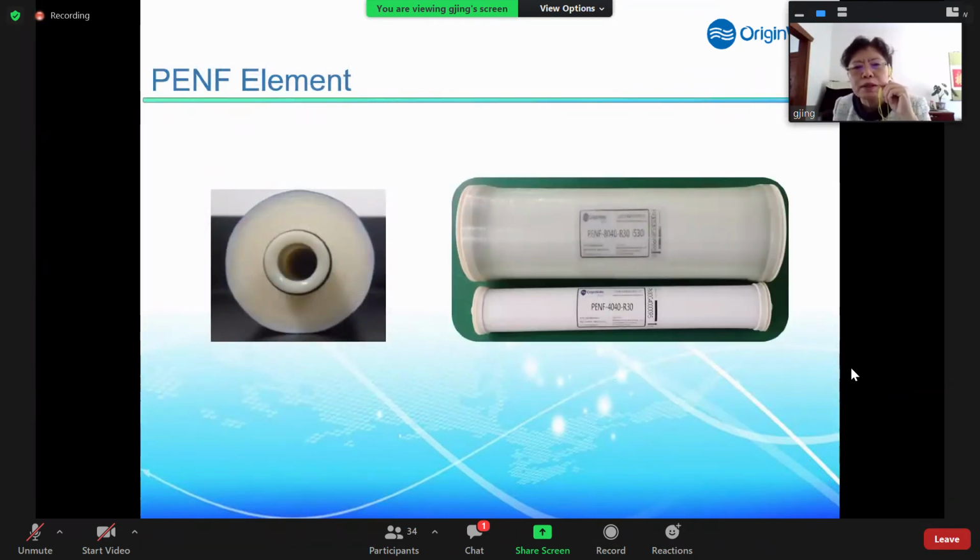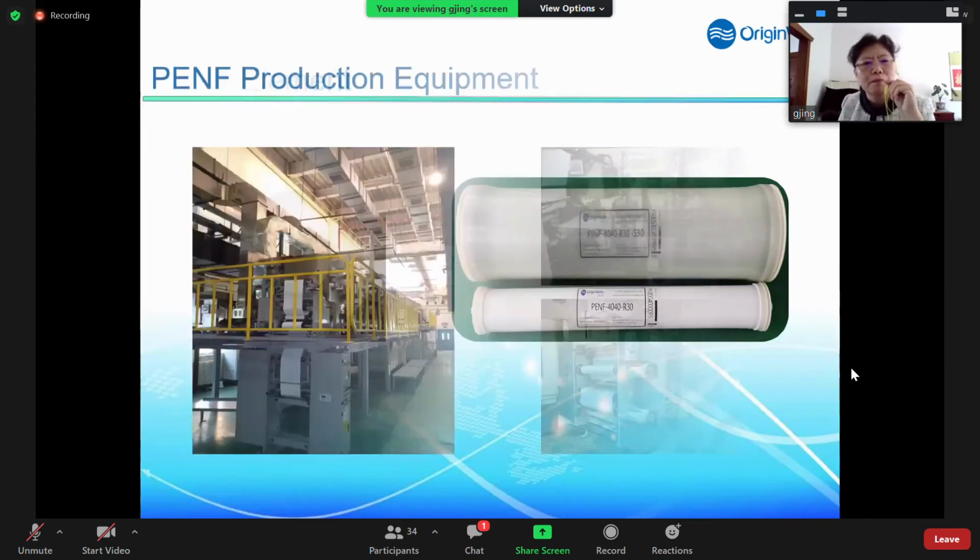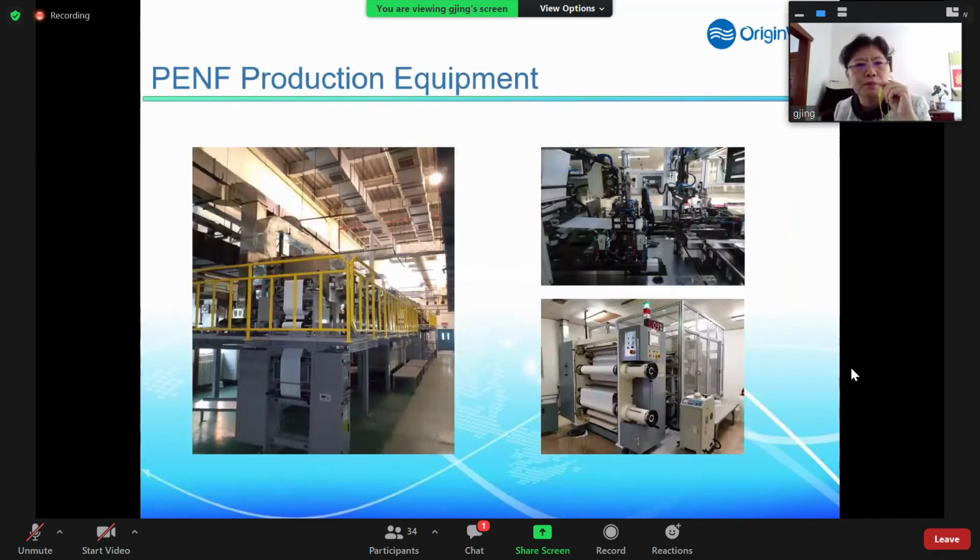And here are the different models of PENF elements, and here is the production equipment.